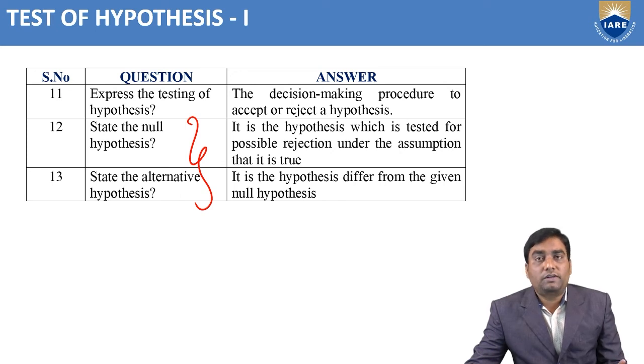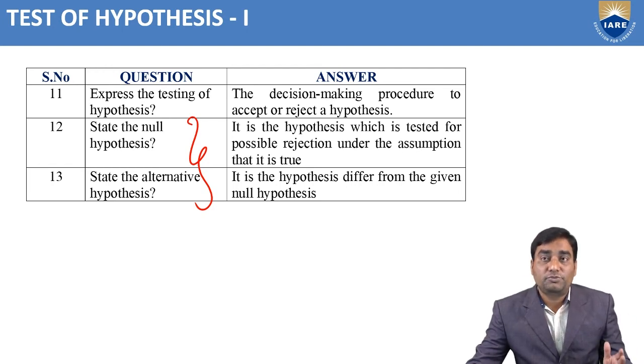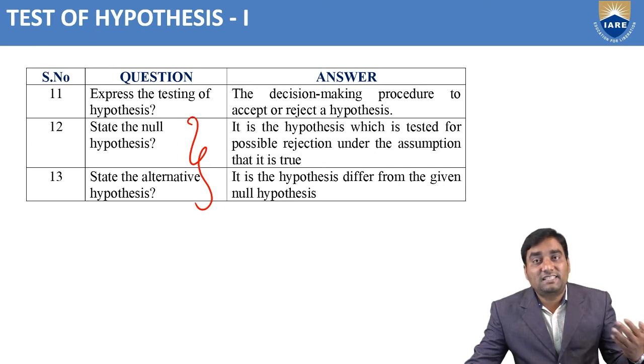What is the meaning of null hypothesis? It is the hypothesis which is tested for possible rejection under the assumption that it is true. That means whatever statement you passed, in the null hypothesis we assume the statement is true. What is alternative hypothesis? It is against the null hypothesis. That means whatever statement you passed, we are going to reject that statement.